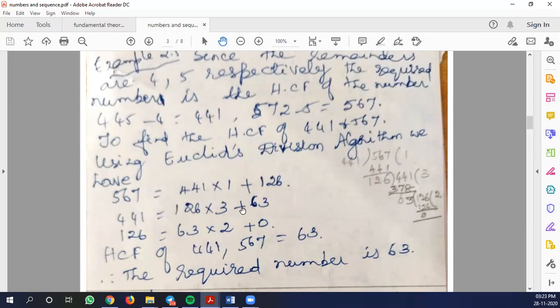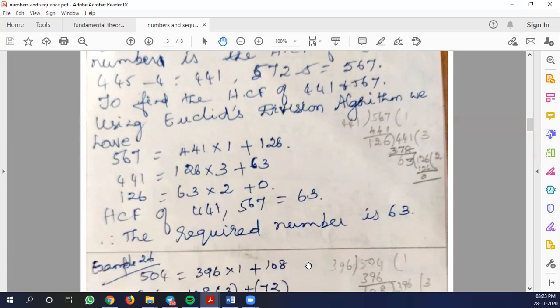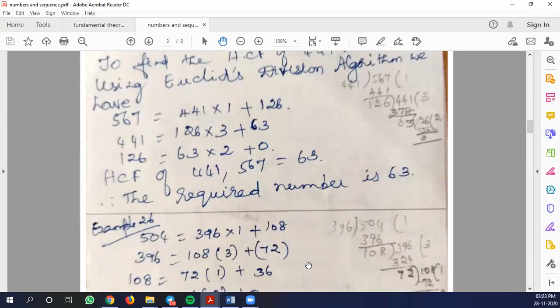The remainder is 63. So 126 into 3 plus 63. Now you take this number 126 and divide 126 by the remainder 63. How many times? 2 times, plus the remainder is 0. So the HCF of these two numbers is 63. So the required number is 63.